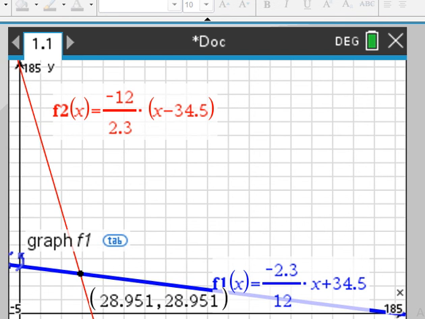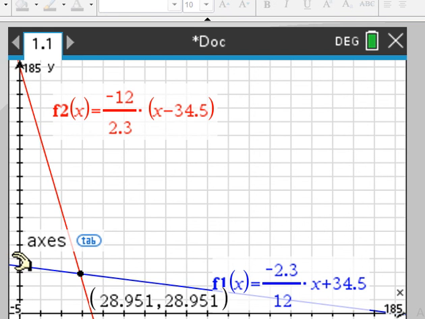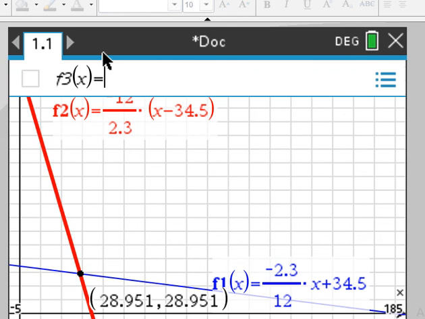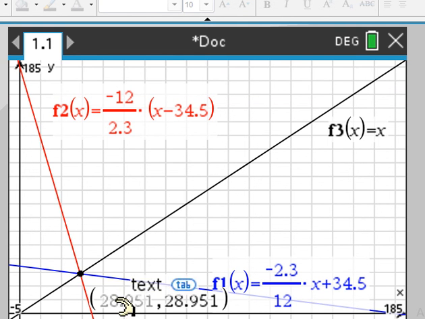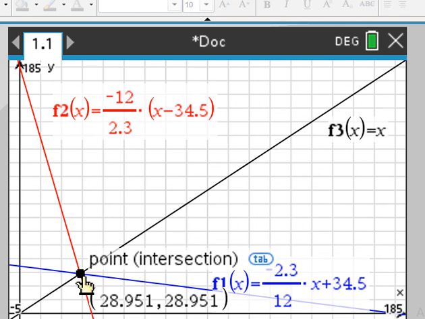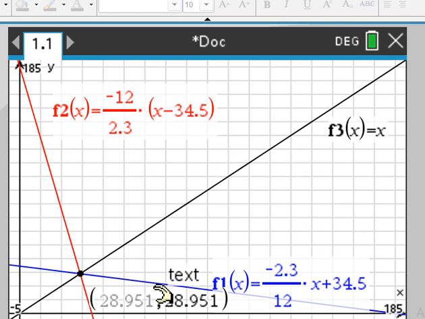So the next thing that they ask us to do is graph the line y equals x. Notice that this point is on that line. And these two functions that we've graphed actually have a relationship based on this line.